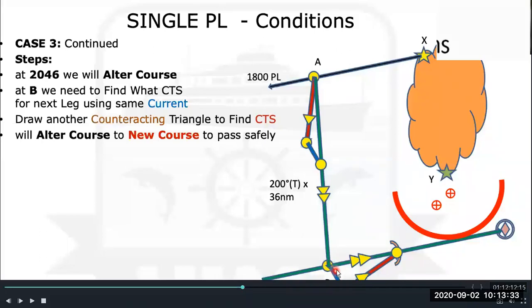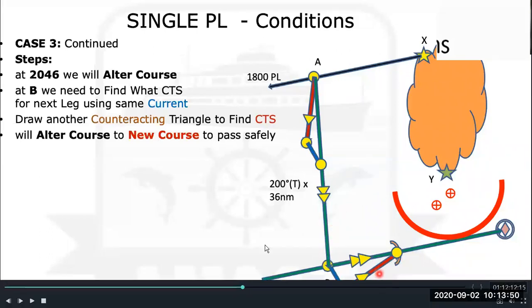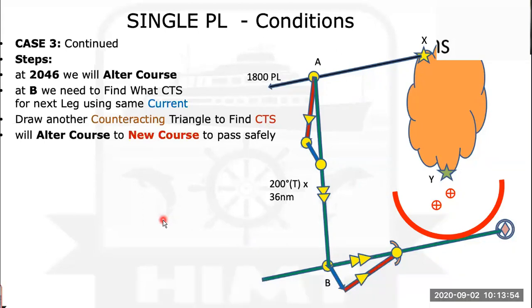The current is given 150 into 2 and engine speed is 12 knots. So from here we'll cut an arc of 12 miles and we will join this course to steer, and whatever course to steer we get, we measure, and that is our answer at 2046. Alter course to this to proceed.